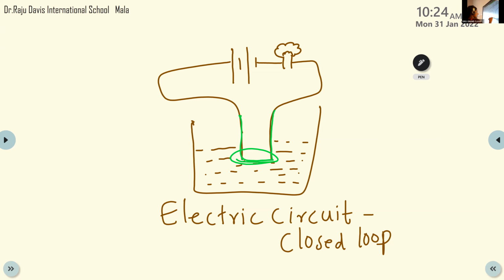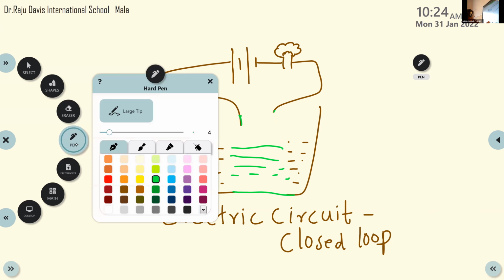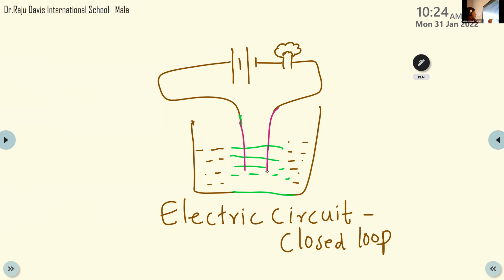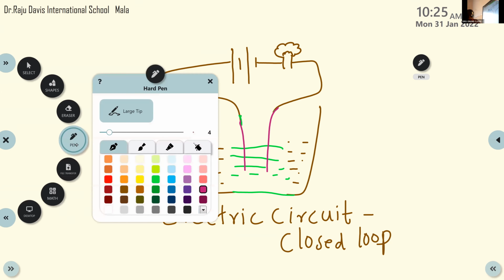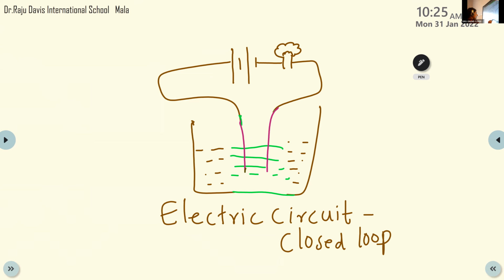So this is the distance between the wires.